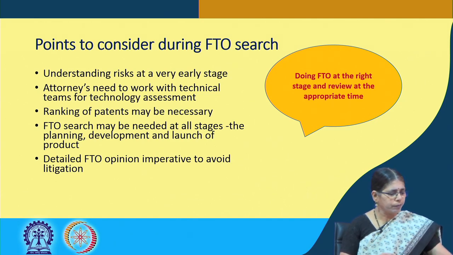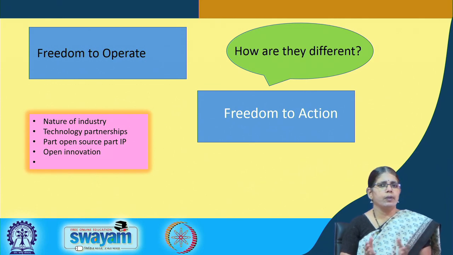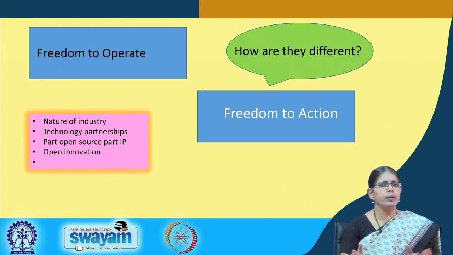Keeping this in mind, we also need to understand today the difference between freedom to operate and freedom to action. In the earlier part of this lecture, we discussed the aspect where there are multiple players in the segment and patents are owned by different enterprises.